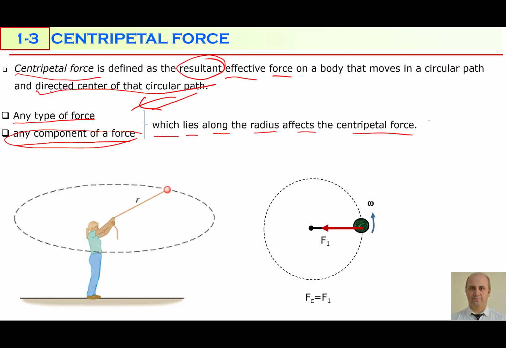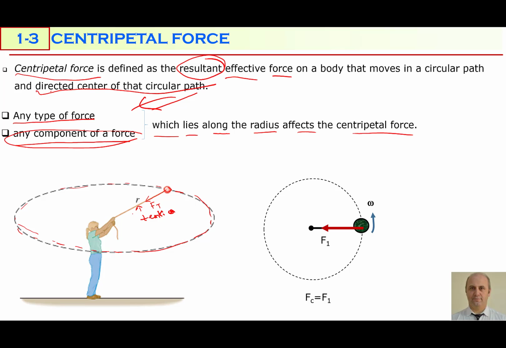One of the best examples is this one. While you are rotating or swinging an object attached to a rope on a horizontal circle, of course there is a tension in the string, and this tension provides the centripetal force. Tension acts along the rope always, and pulls the object, this ball, towards the center.